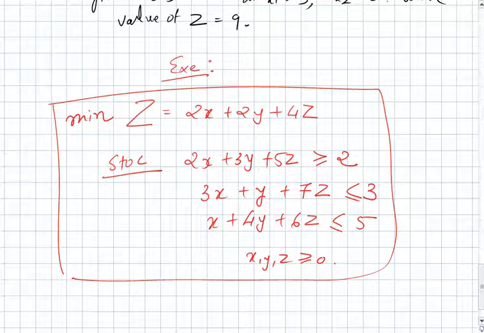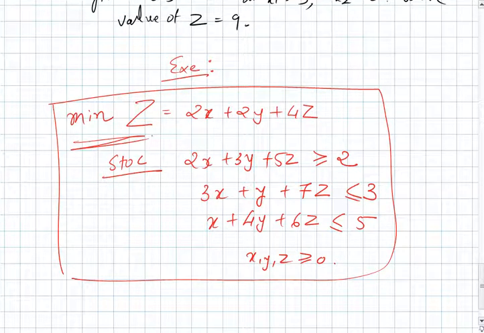See, as we have seen, whenever the problem is of the minimizing type, what we usually do is convert the minimizing problem into the maximizing form.